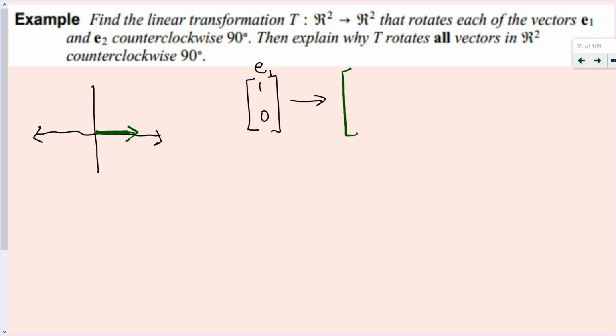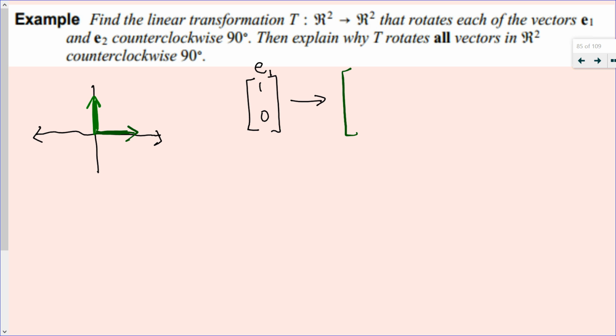So e1 becomes what when you rotate it 90 degrees? What would be the new vector? 0, 1.